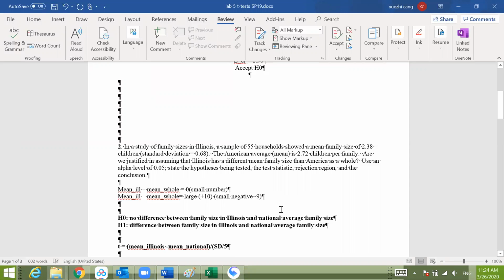The sample size is 55. We can put the numbers in this equation.